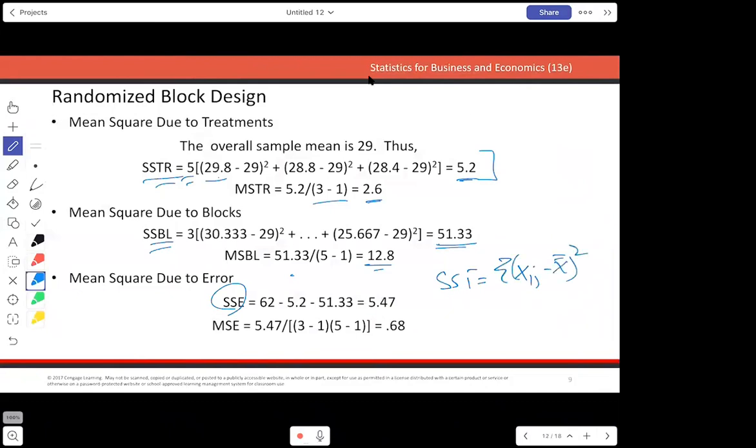In other words, we have to find the overall mean, subtract that overall mean from each of the 15 values, square them and add them up. And we will get 62. And in the end, we get an SSE of 5.47. When we divide it by the degrees of freedom, which is basically K minus 1 times B minus 1, we get 0.68.